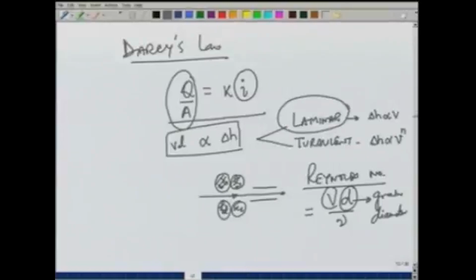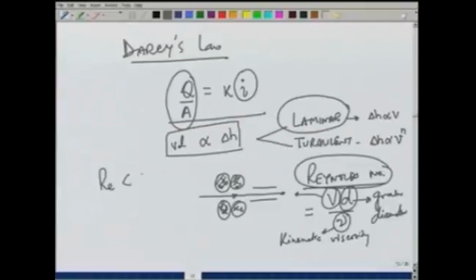Velocity V we can put as the Darcy velocity, and this nu is the kinematic viscosity of water. So, when we look at Darcy's law, its applicability will depend on the Reynolds number. In pipe flow, we know that the Reynolds number RE should be less than about 2000 for the flow to be laminar.